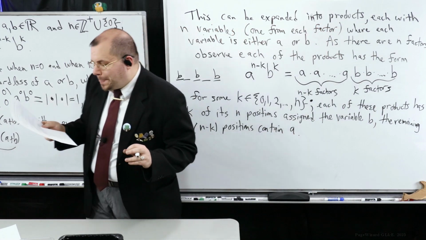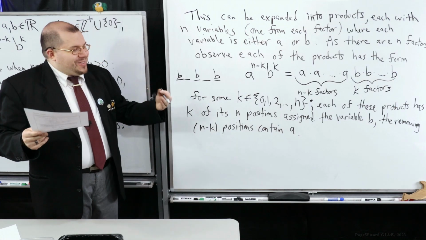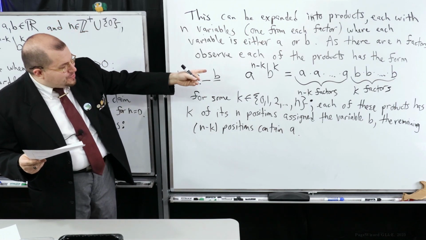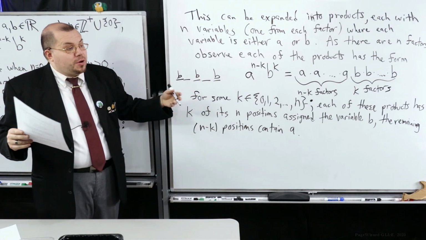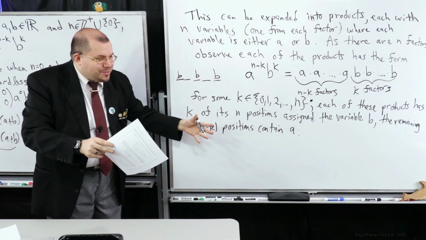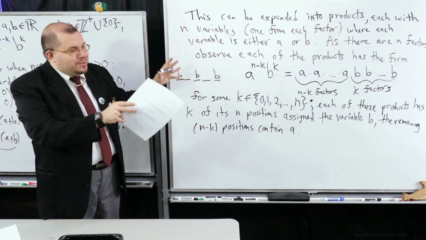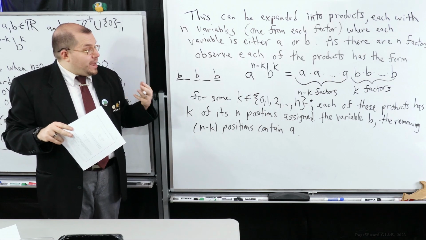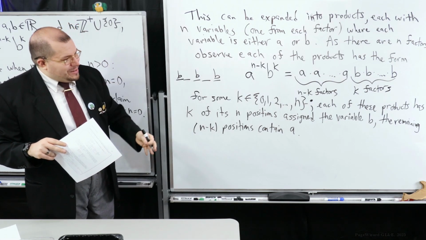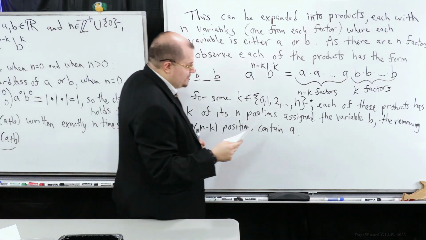Now, let's ask a question. Based on what we just described, if I look at each one of these groups of products, I have the ones with k equal to 0, the ones where k is equal to 1, the ones where k is 2, k is 3, all the way up to k is n, right?